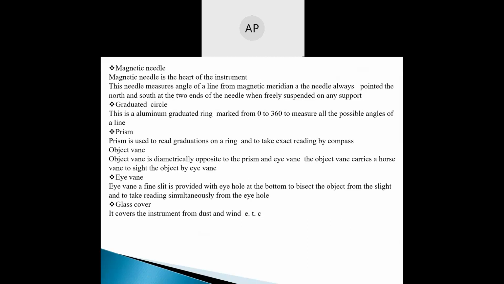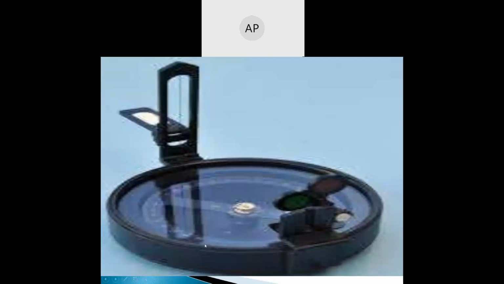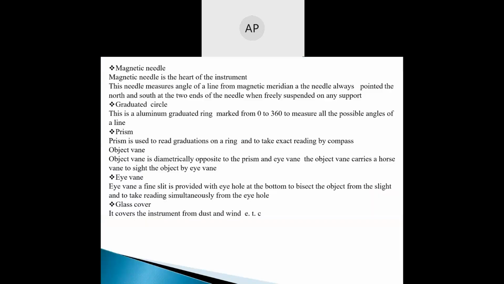Next is the graduated ring. There is an aluminium graduated ring, as you can see here. This is the ring, marked from 0 to 360 degrees to measure all possible lines. Then the prism is used to read graduations on the ring and take exact readings by the compass.